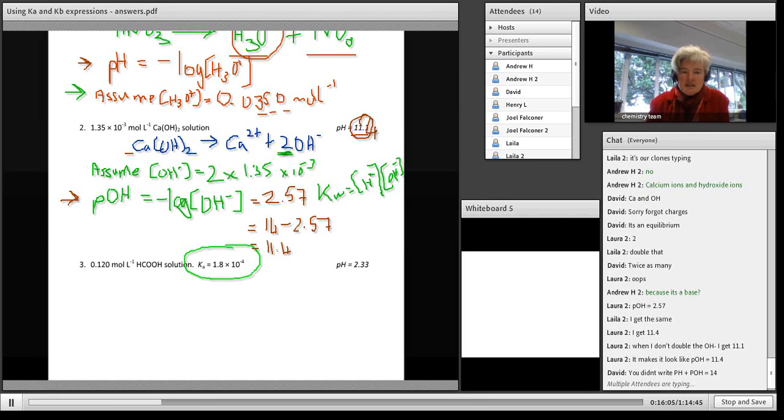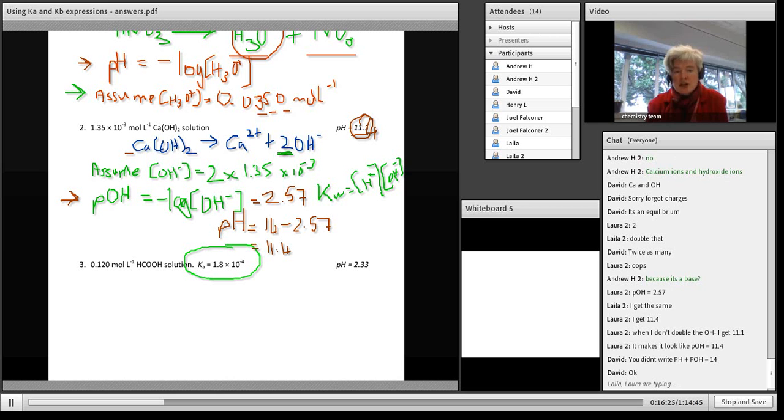So please, it is actually a very common error. Make sure whenever you're writing it down, it's clear what you're calculating. Right, David, I didn't write the pH plus pOH is equal to 14. That's not totally necessary to have written it down. I mean, they wouldn't mark you down if you didn't do it.